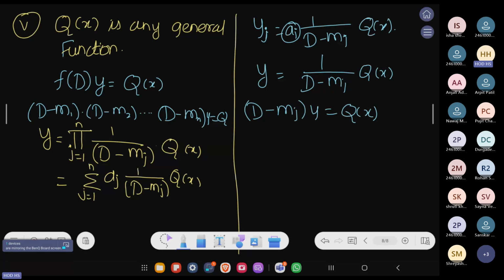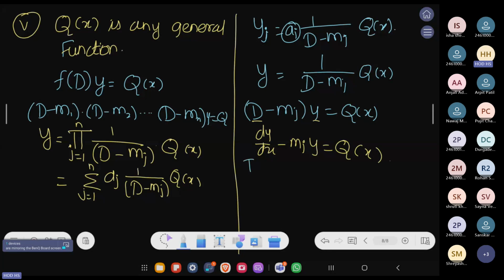But what is it? dy by dx minus mj of y is equal to q of x. Can you identify that equation? It's an order 1 degree 1 linear differential equation, which we have studied till now, right?